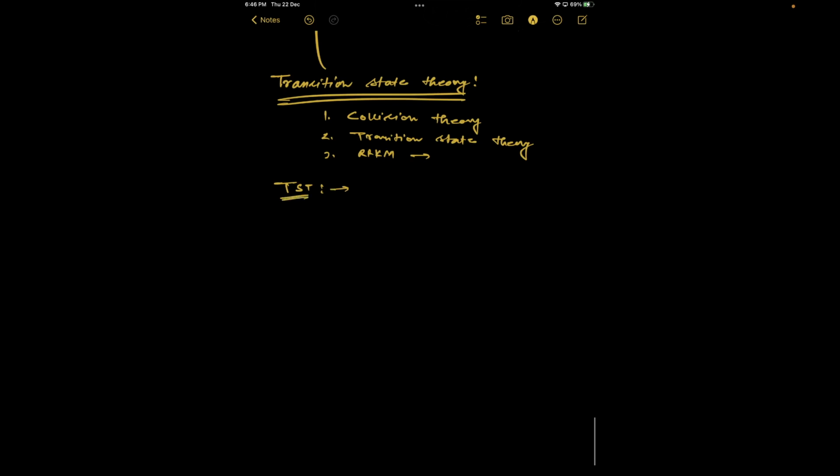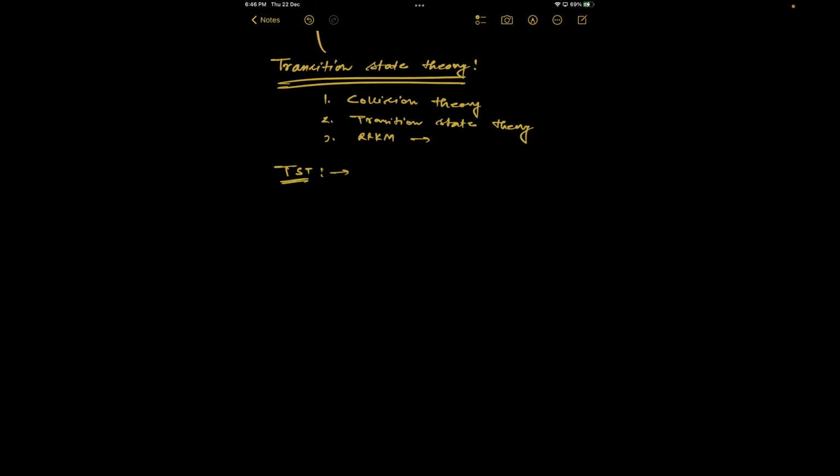So in TST we first assume that the reactant molecules combine together or interact together to form an activated complex, right? Then from that activated complex the product molecules will form. So the first assumption is the activated complex or transition state.